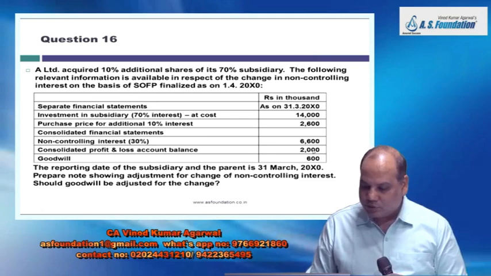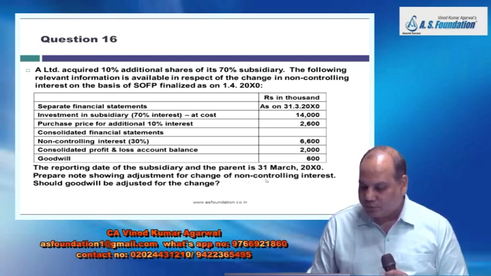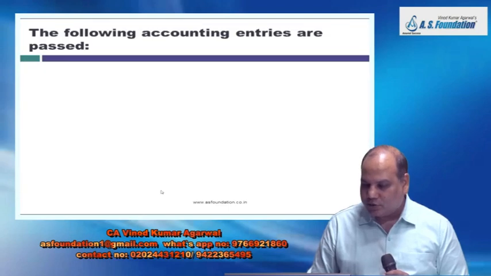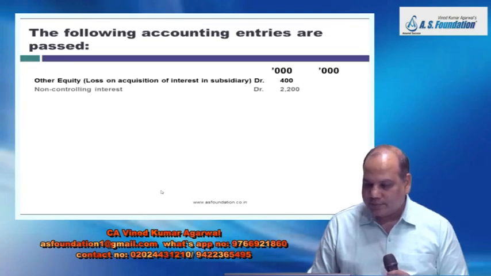Consolidated P&L account balance is 2000, goodwill is 600. The reporting date of subsidiary and parent is 31st March 20X0. Prepare notes showing adjustment for change of NCI. Should goodwill be adjusted for the change? No. So we'll write a note for that.